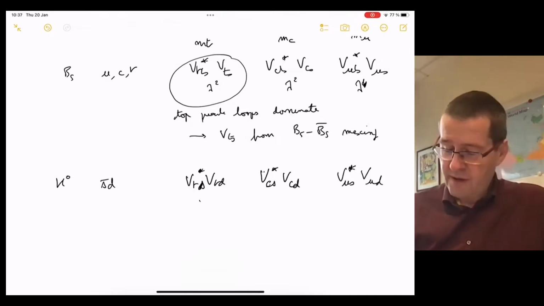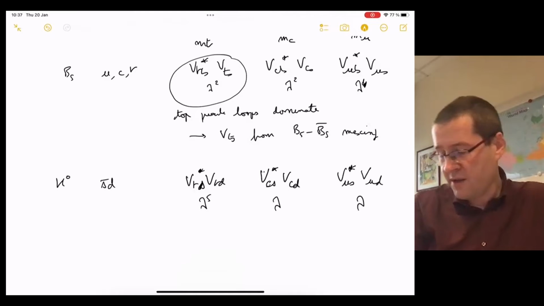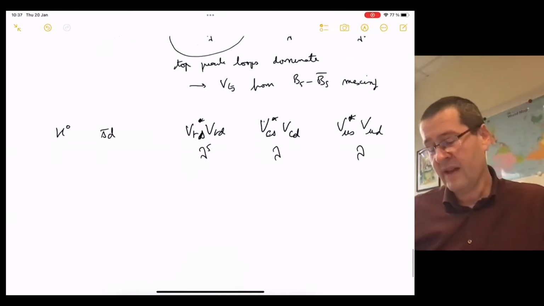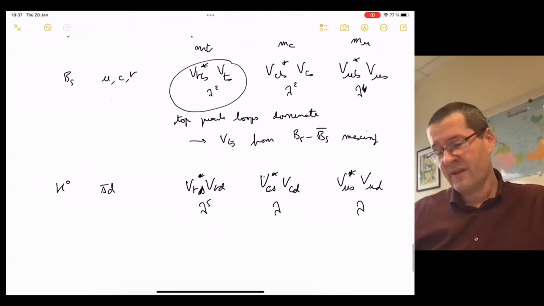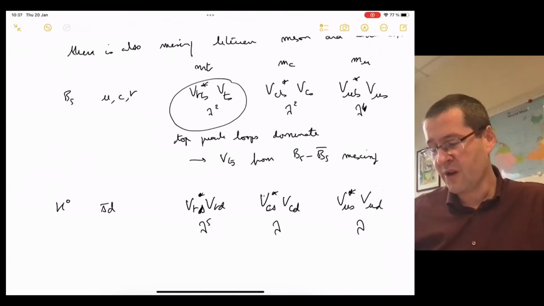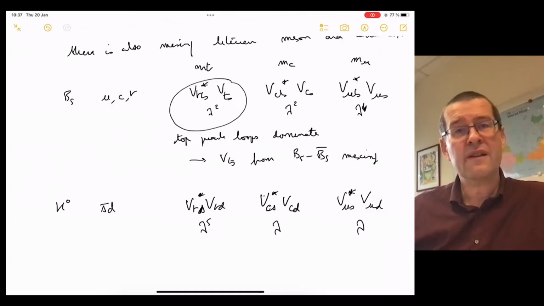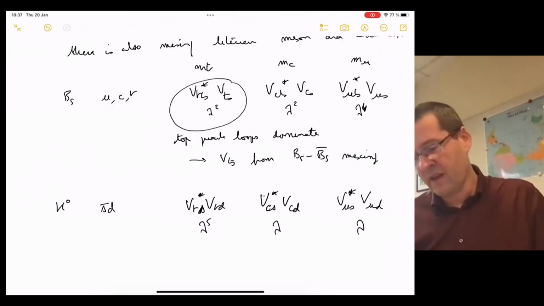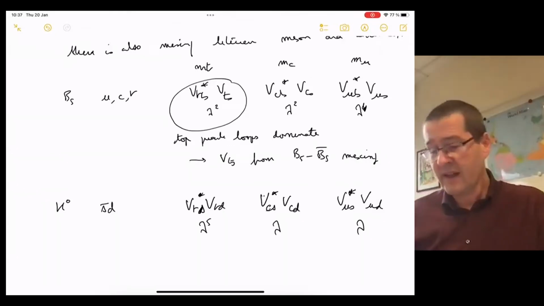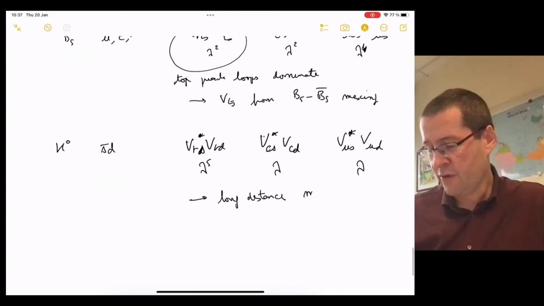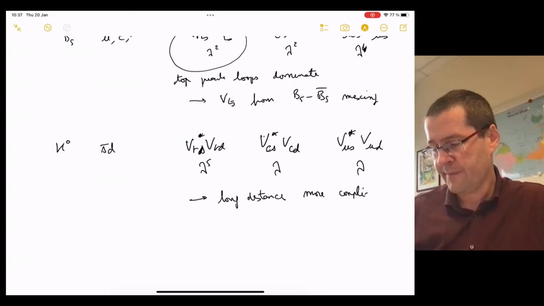And so now if you look at the values that you get, lambda 5, lambda, lambda. So here you're in a rather uncomfortable situation in the sense that you have exactly the opposite. You're suppressed by CKM when you're increasing in masses. So you've got a question of long distances, more complicated to handle.